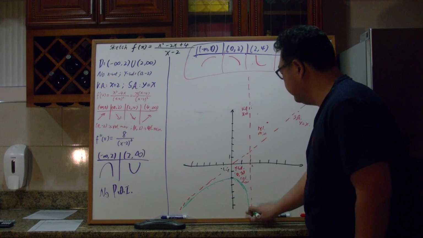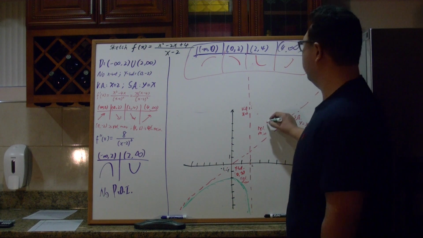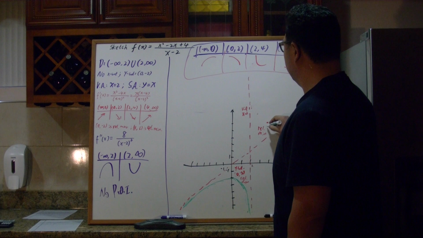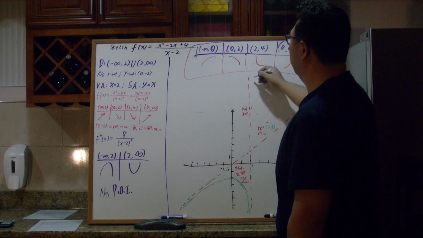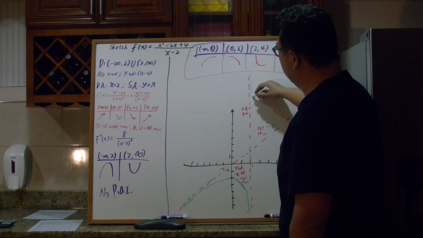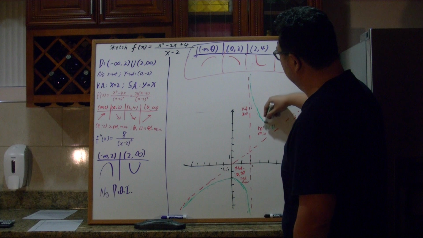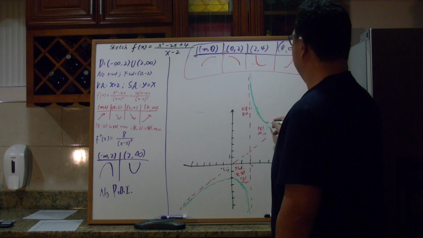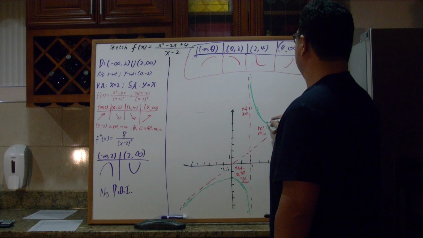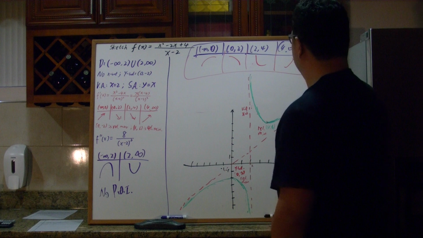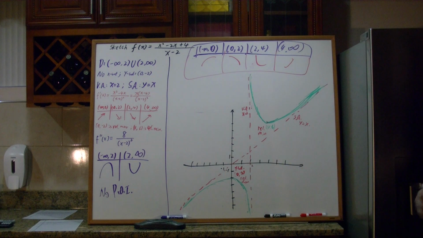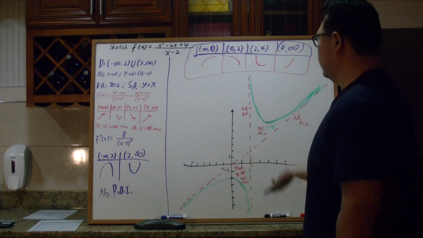And from the right we have the relative minimum at 4, 6. From 2 to 4 is decrease and concave up to the minimum, and then increase and concave up. We get a slant asymptote, and the vertical asymptote and so on.